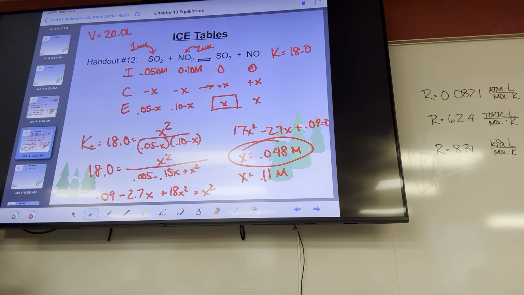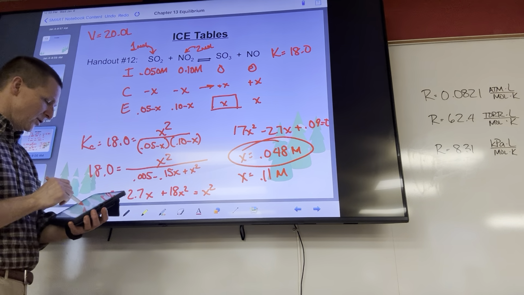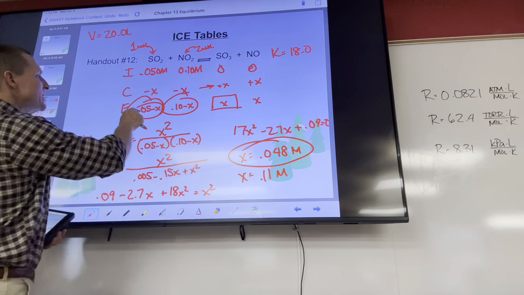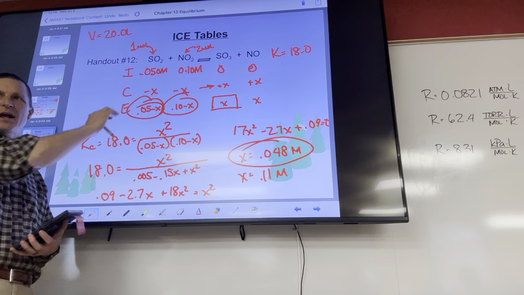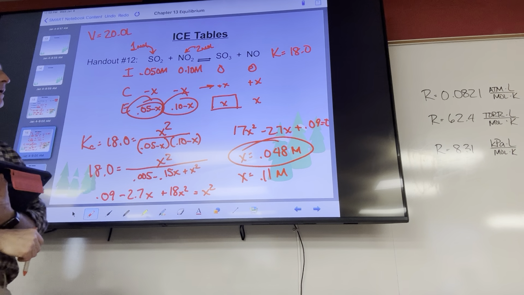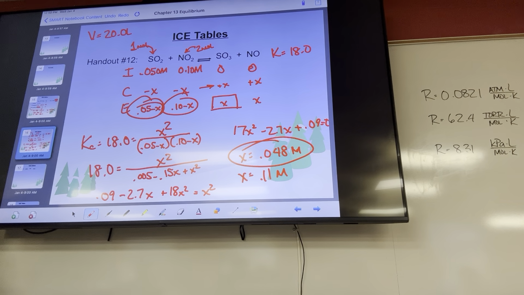Anything else about that one? Why isn't it 0.11 again? Because if you take 0.05 minus 0.11, you're going to get a negative concentration. You can't have a negative concentration at equilibrium.